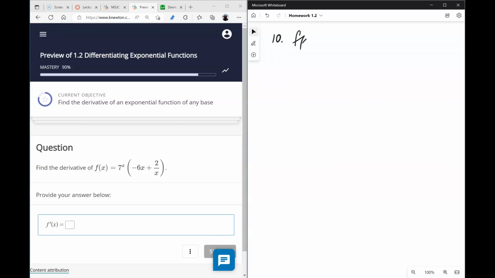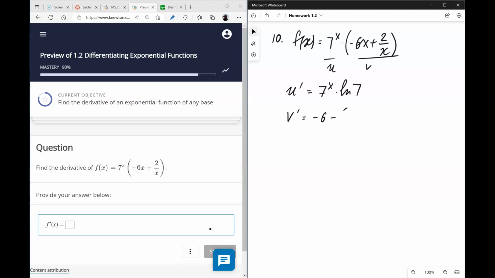Product rule. Right away we can recognize that. So this is my u, this is my v. Derivative of u is 7 to the power x times ln 7. Derivative of v is just negative 6 minus 2 over x squared.